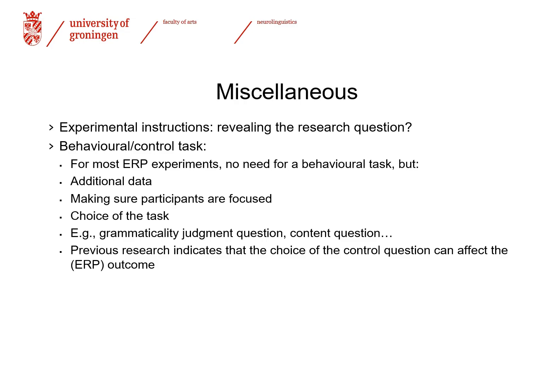Now, a couple of points that are rarely raised, but that actually may play an important role: when you introduce your participants to the experiment, do you want to reveal your research question or not? Again, this depends on your research question and the component you're targeting, but for most P600 and N400 experiments, this is actually not desirable.